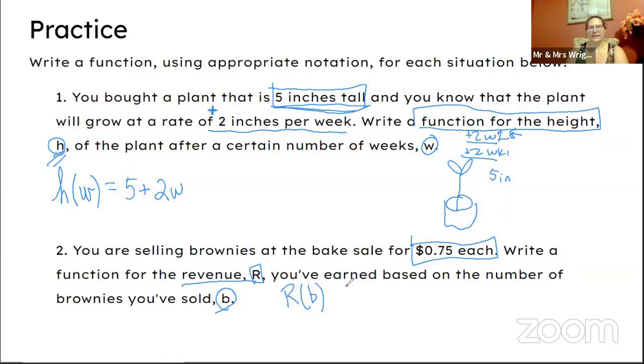R of B is, okay, only information I have here is 75 cents each. So I think it's just 75 cents times the number of brownies I've sold, right? 0.75B. If I sold 2 brownies, I'm making $1.50. 75 and 75 is $1.50. Yep, that's my function. R of B is 0.75B.